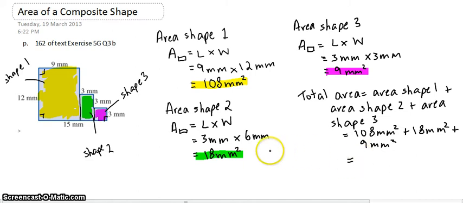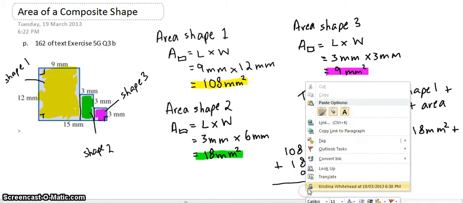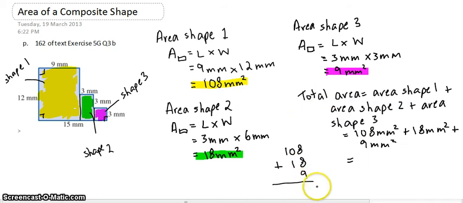And if I need to, I can do some working over here, somewhere on my page. 108 plus 18 plus 9. And if I add these together, oops, I've added them wrong.